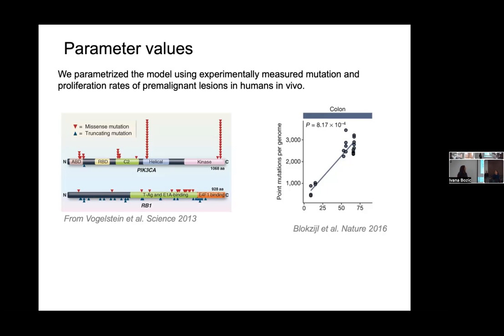And then we also calculate the number of specific driver positions in our 3 genes in question to get mutation rates. Here I have slightly different genes, but the idea is that genes like KRAS or PIK3CA, which are oncogenes, have only a small specific number of positions where they can be mutated.